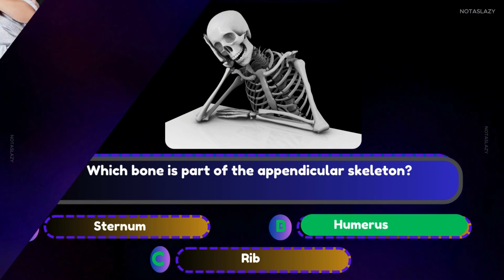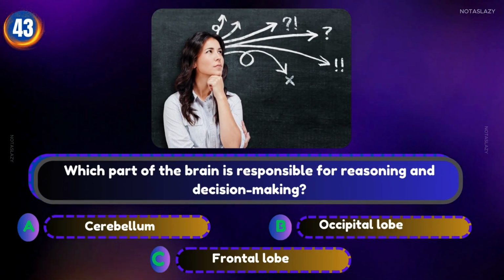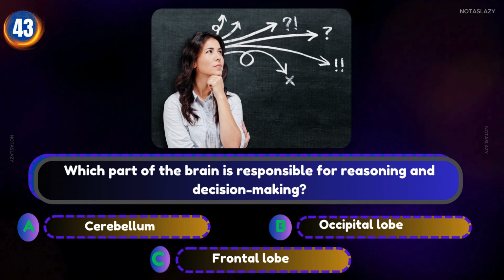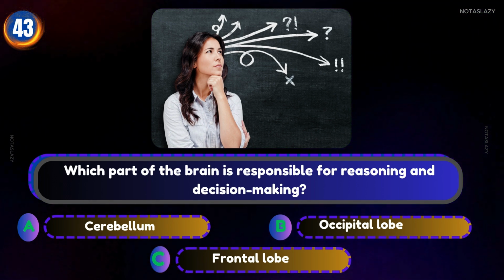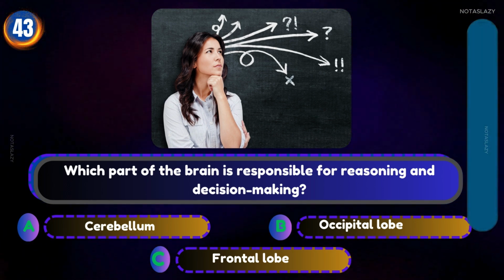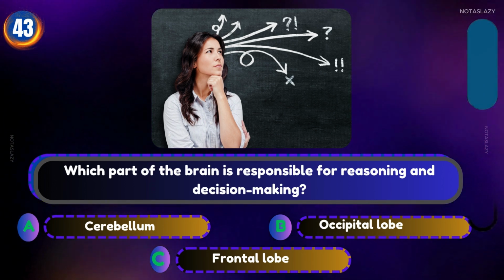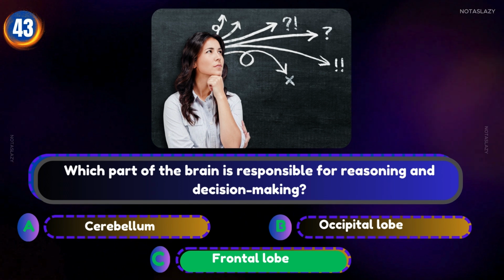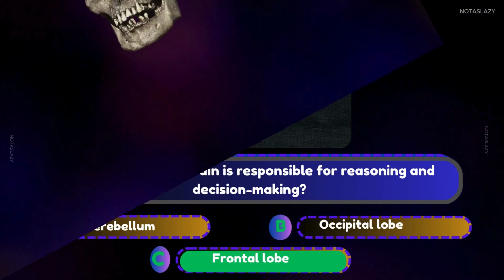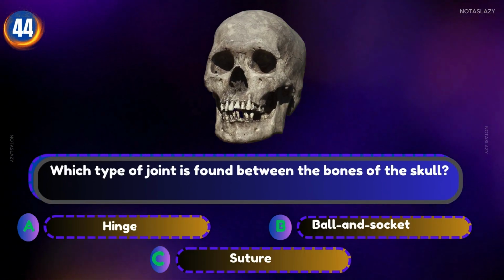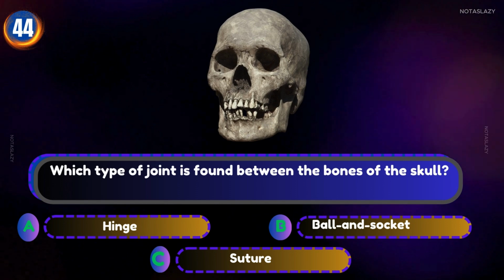Humerus. Which part of the brain is responsible for reasoning and decision-making? Frontal lobe. Which type of joint is found between the bones of the skull?